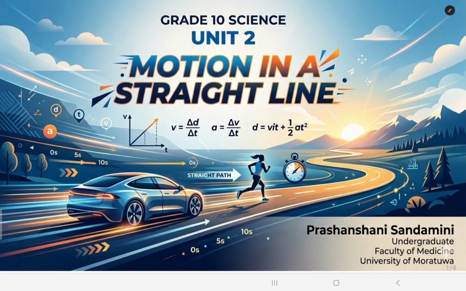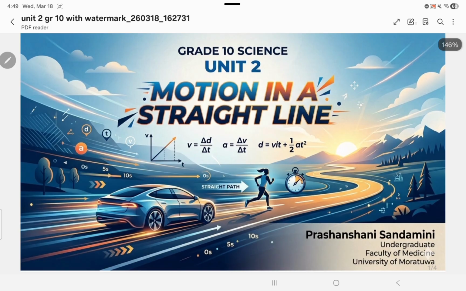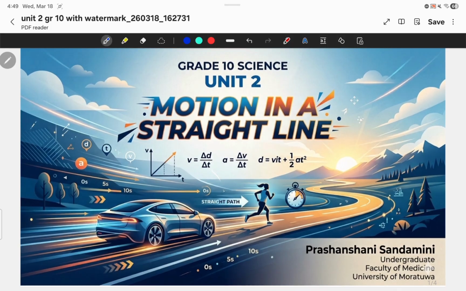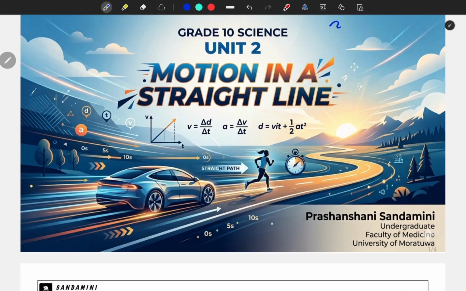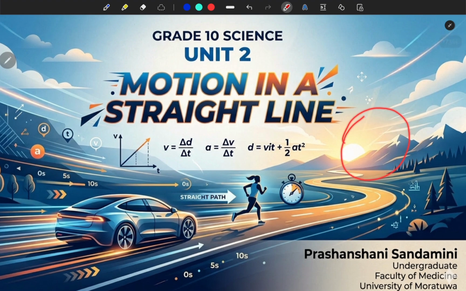So let's move with unit 2, the motion in a straight line. In here you have to first focus on what really the straight line means. So why are they focusing on the straight line? Because it's not on circular paths, or on angular pathways.